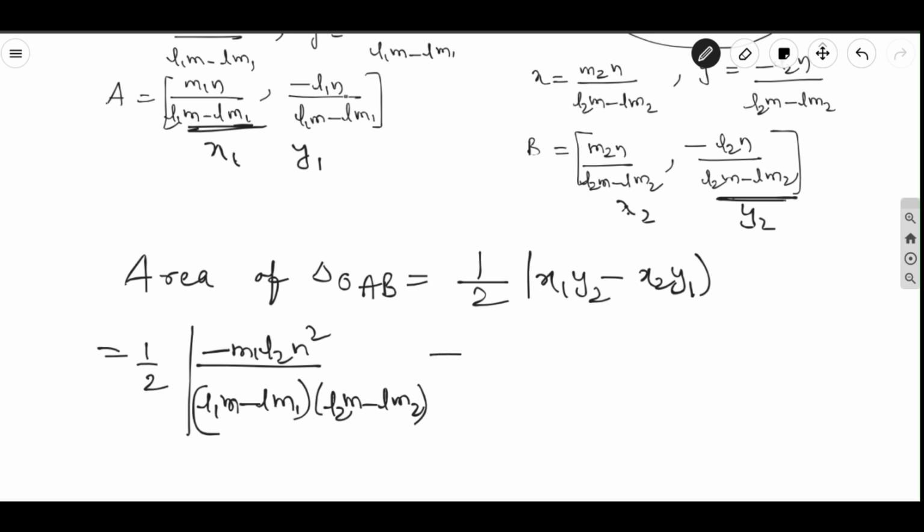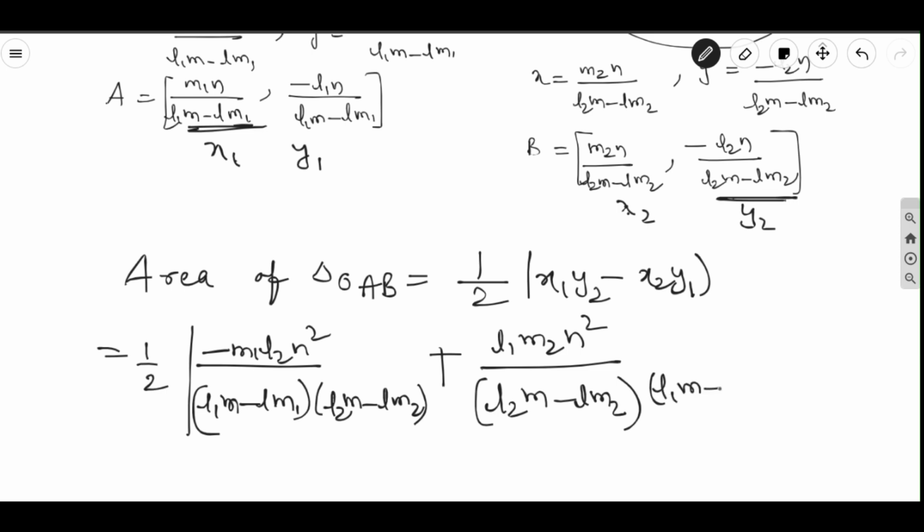So minus y1 x2, minus into minus plus L1 m2 n square by L2 m minus L m2 into L1 m minus L m1.